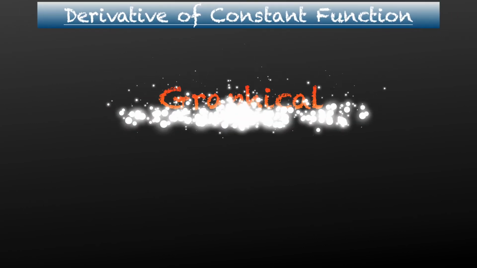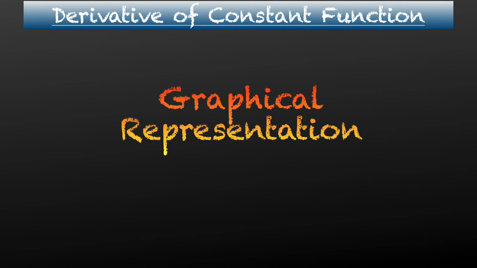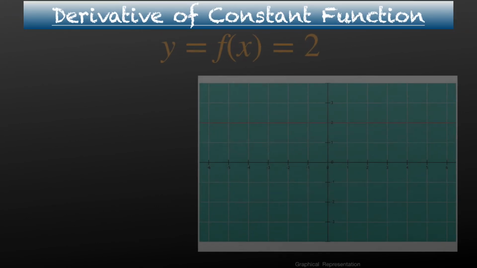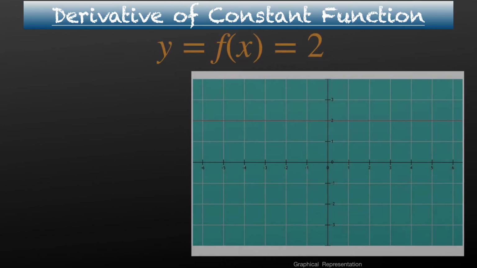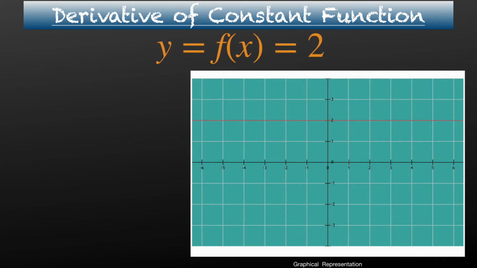Now we show the derivative of a constant function by graphical representation. Here you take a close look at the graph of the function f of x is equal to 2. Geometrically, we represent it here as a graph.